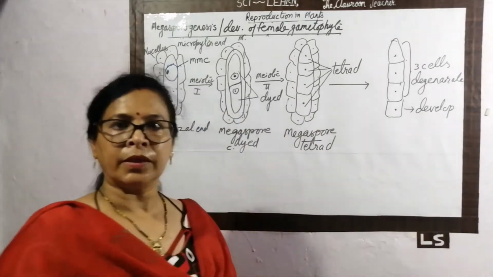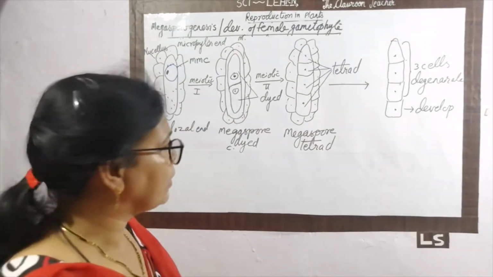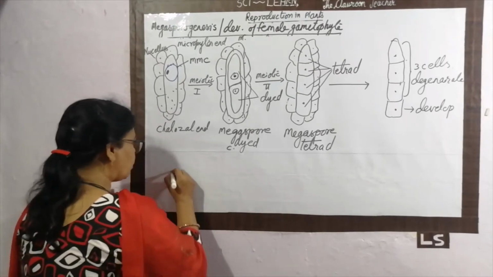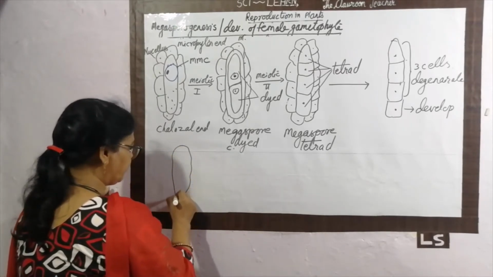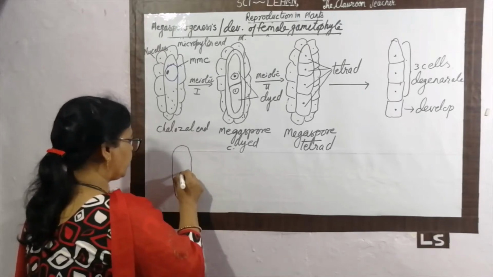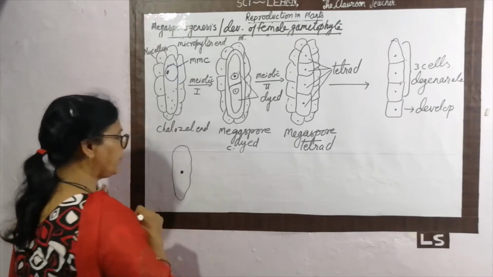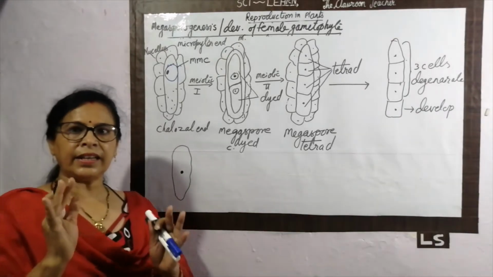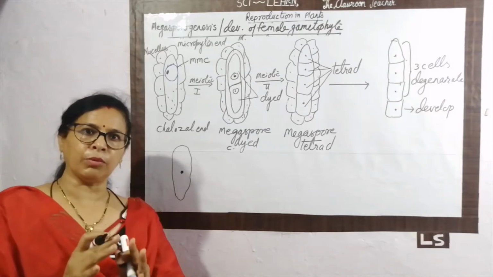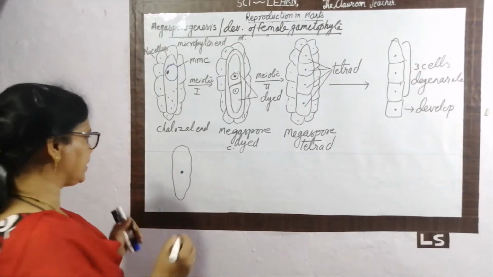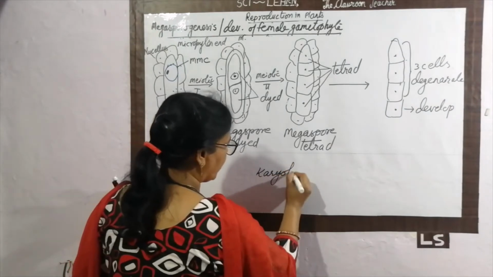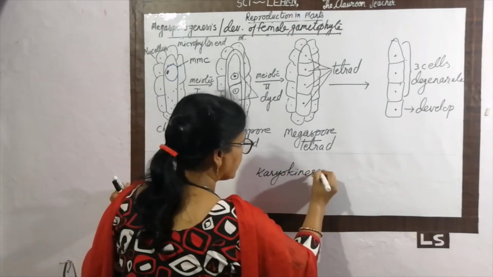Now what happens? Some changes occur in the surviving cell. This is the one single surviving cell having 1 nucleus. Okay. Now what happens? 3 divisions take place, 3 types of karyokinesis. What is karyokinesis?